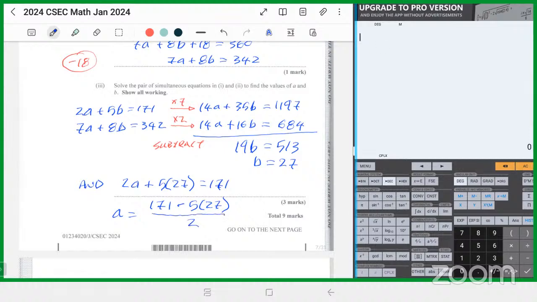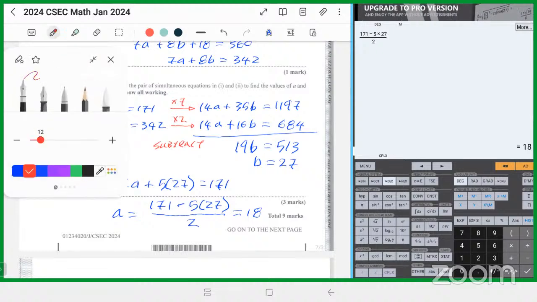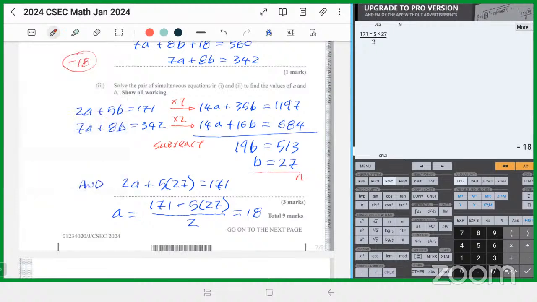All right, so let's do that. Let's put that as a fraction first. It's 171 minus 5 times 27 all over 2. That is 18. So the A is equal to 18. All right, so those are my two answers right here. This is an answer, and this A equals 18 is another answer. It's ridiculous, they don't give a lot of space for this.